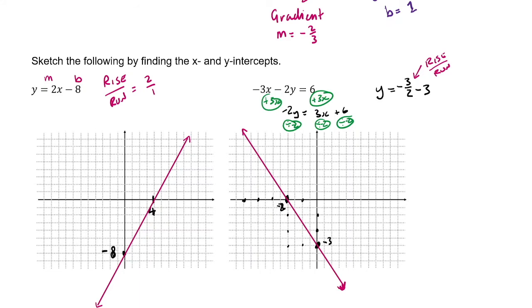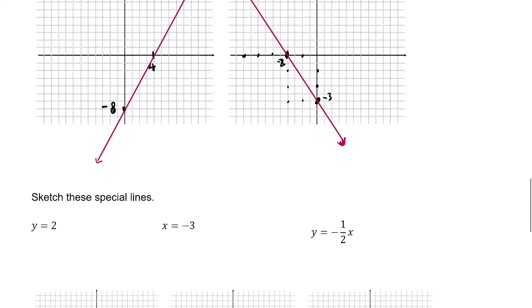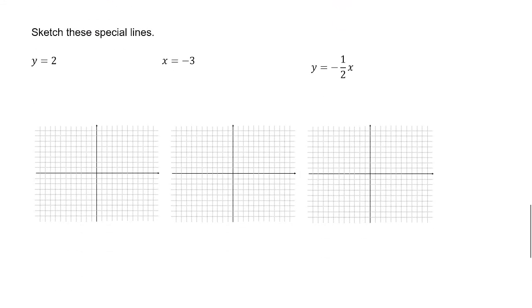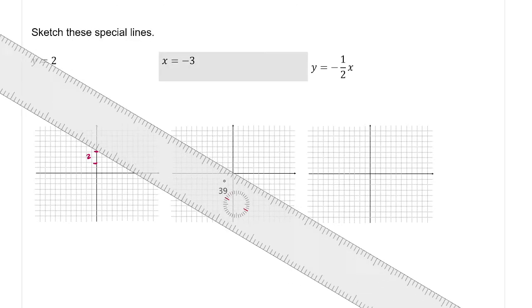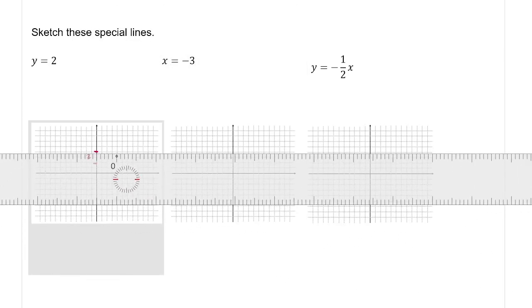Theoretically, this should not be brand spanking new to you, so you should have a little bit of an idea of what's going on. All right, last one. These are our special lines. y equals 2. All right, there's 2. I'll pop that line in very easily. This is just a horizontal line.